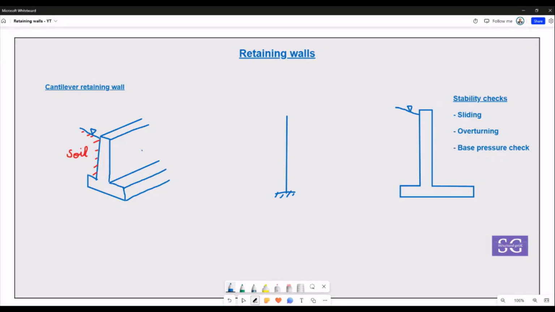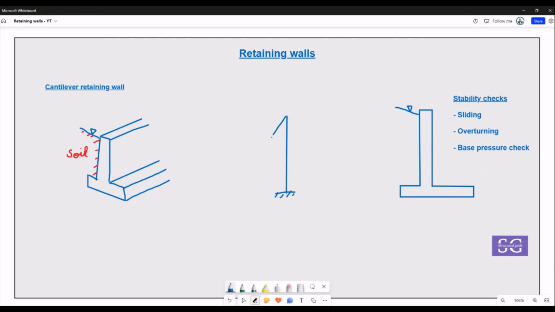So if we try to make a 2D frame model of it, an analytical model, taking this as a bar representation, it will be something like this, where it's fixed at the base and it is getting a horizontal load. So what loads does it generally have?